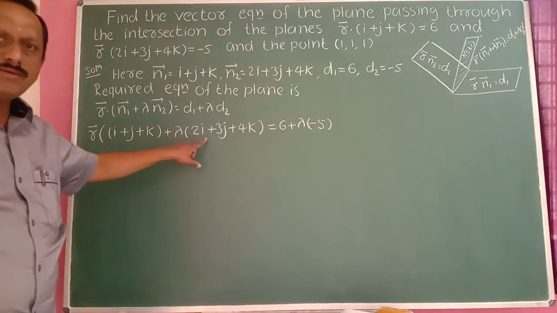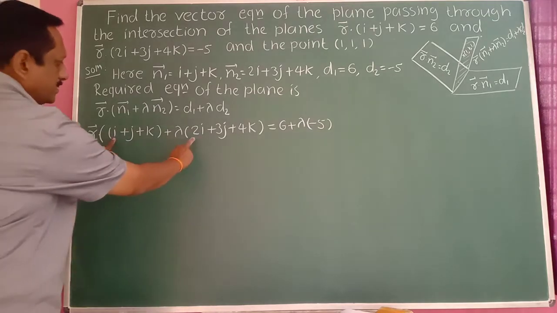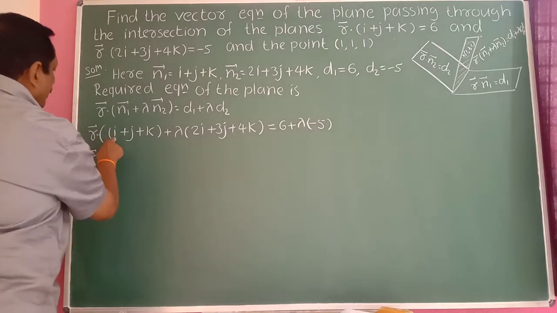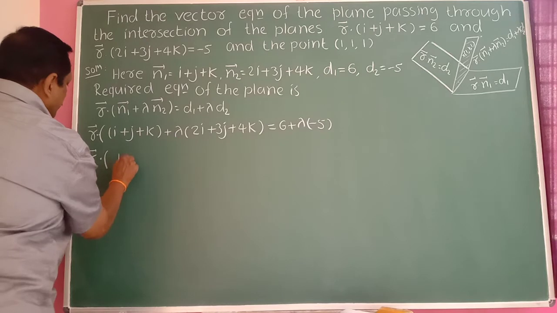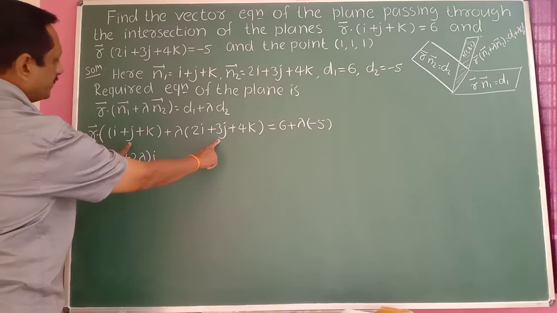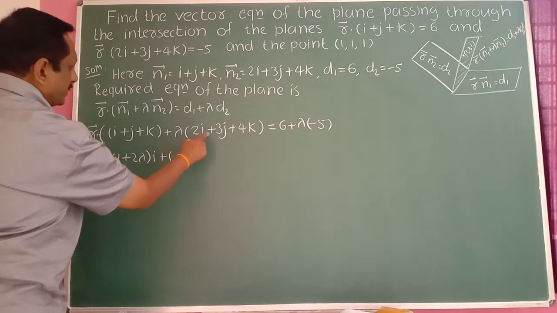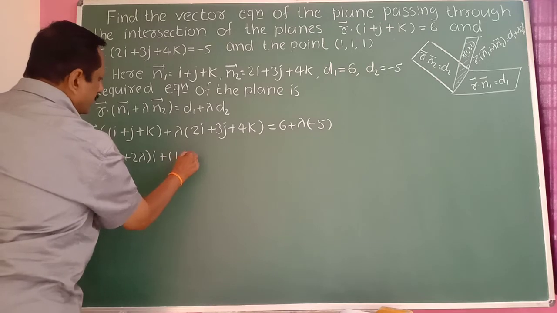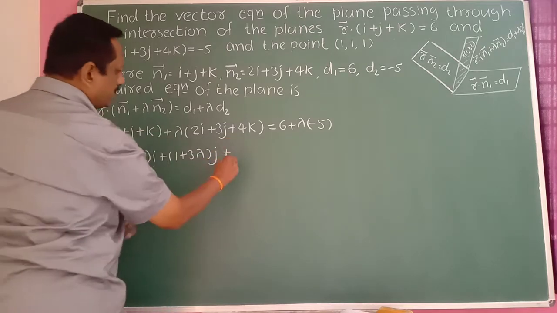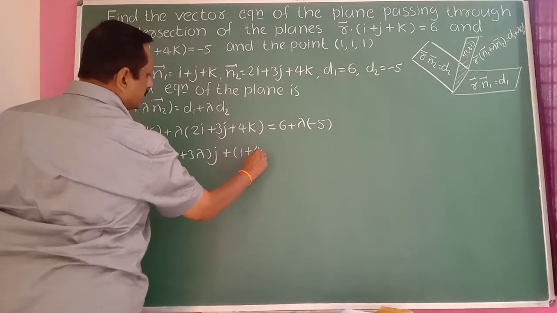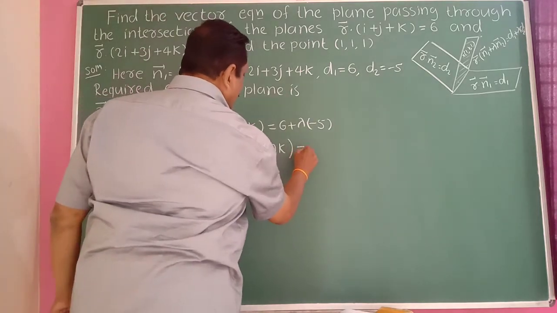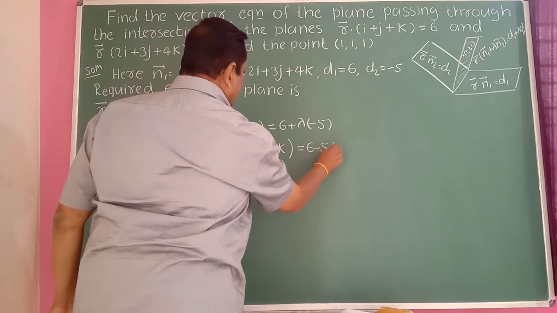Take this lambda inside the bracket. Then from these terms i is the common factor, so r bar dot 1 plus 2 lambda into i, plus 1 plus 3 lambda into j, plus 1 plus 4 lambda into k, that is equal to 6 minus 5 lambda.